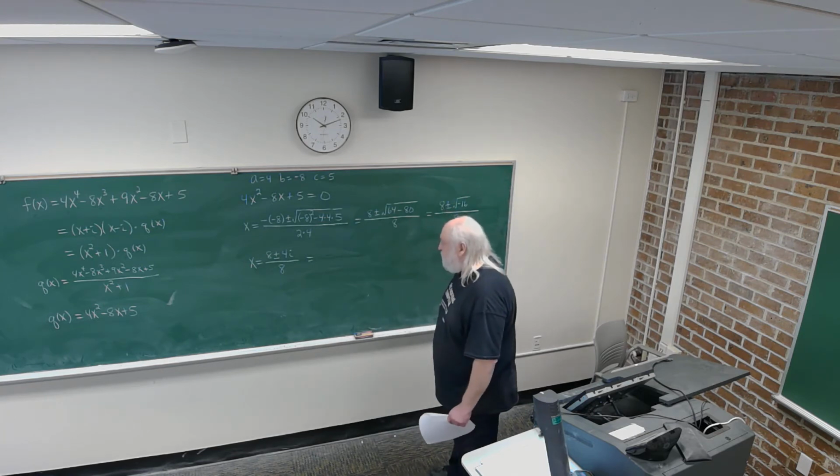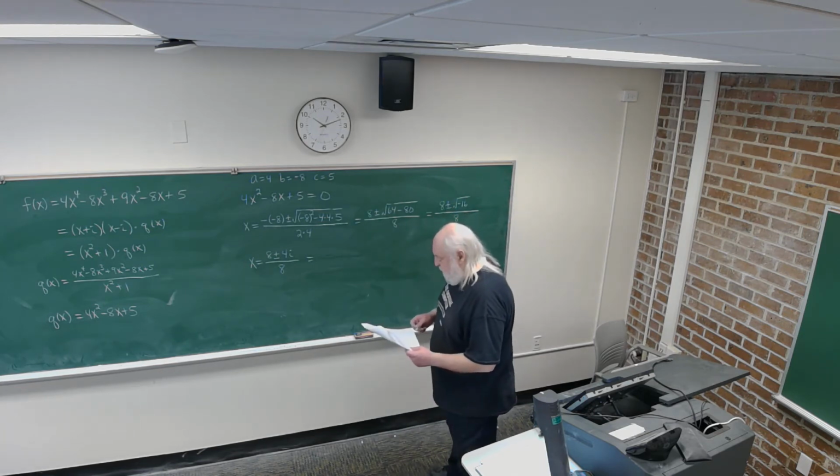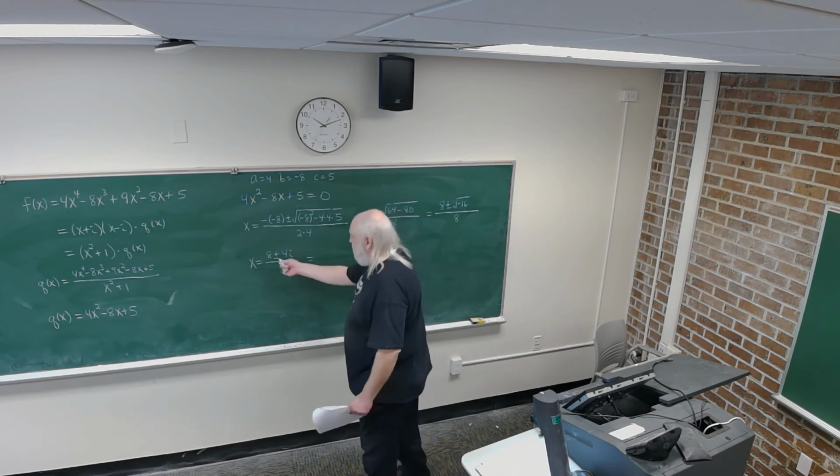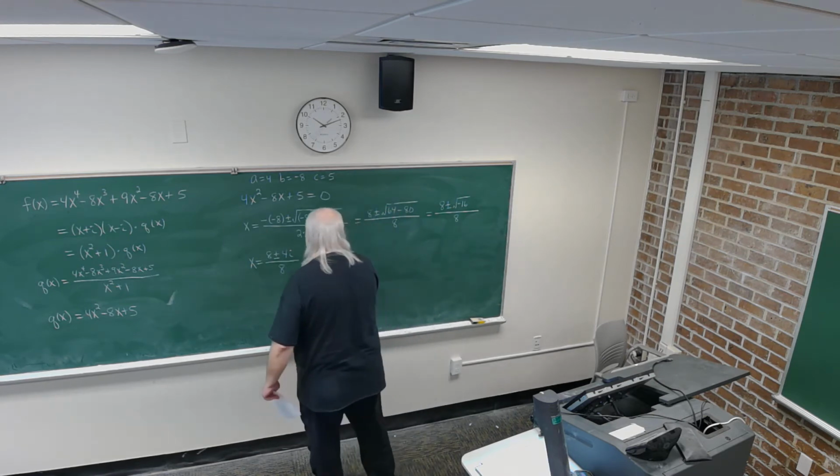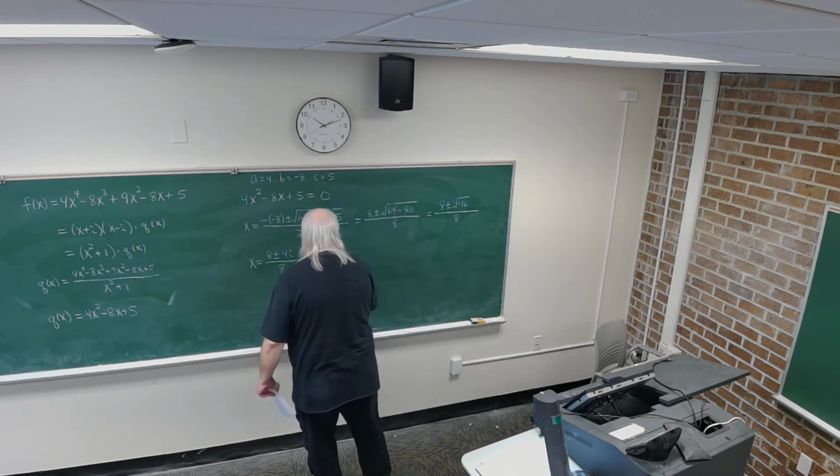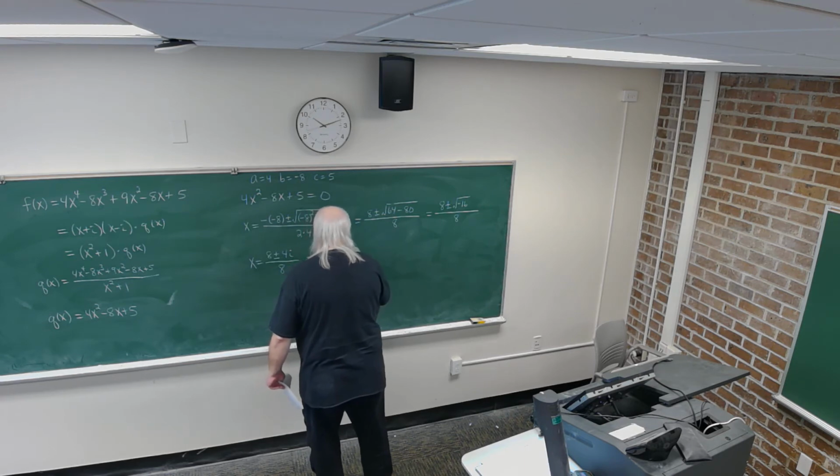There are two solutions. Again, division does not undo addition and subtraction. So we have 8 over 8 plus or minus 4i over 8.